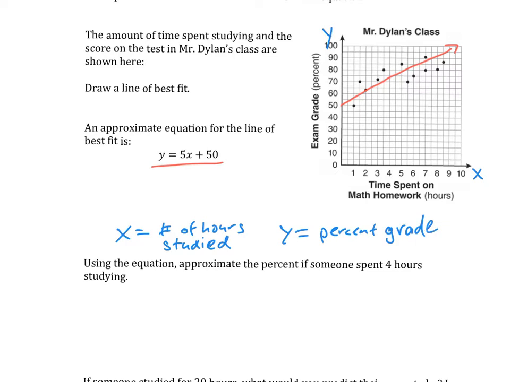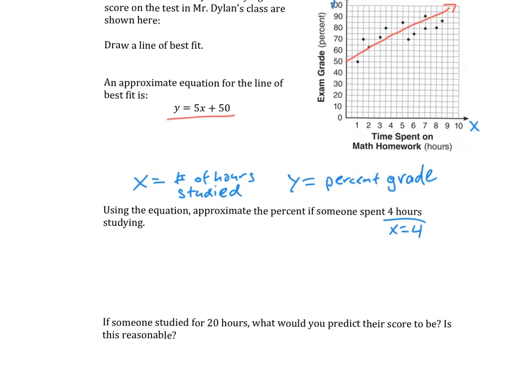So if we know 4 hours is what they spent studying, that's x equals 4. We are going to substitute 4 into our equation for x. So y is equal to, remember that's the percent grade, 5 times the number of hours, which is 4, plus 50.